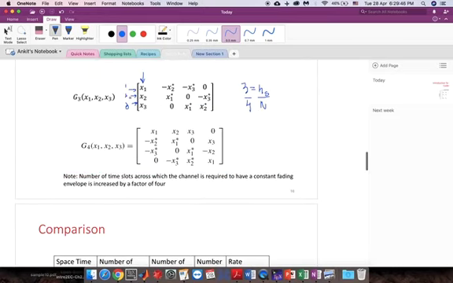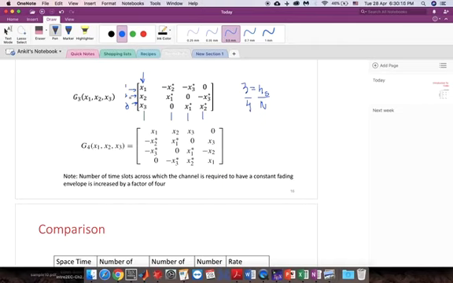So as we increase these time slots, the channel needs to remain constant over these time intervals for the whole block. We are assuming that the condition of the channel will not change, or remain static, for these 4 time intervals.